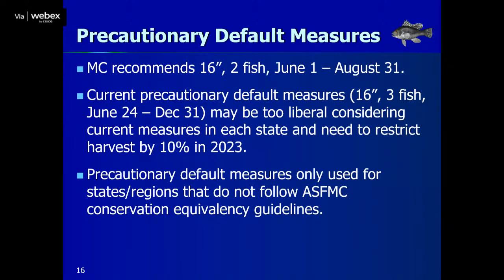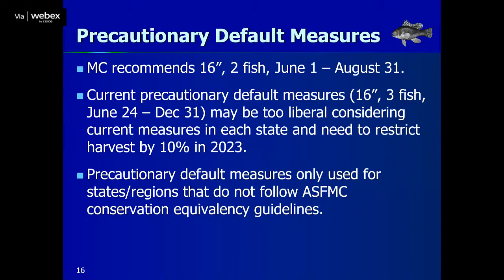The monitoring committee also recommended revisions to the precautionary default measures. Their recommendations for new precautionary default measures are 16 inches, 2 fish, and June 1st through August 31st, which you're probably looking at and thinking, that looks horrible, but that's the point of these measures. They're supposed to be the deterrent measures that are only used for states and regions that do not follow the Commission's conservation equivalency guidelines.